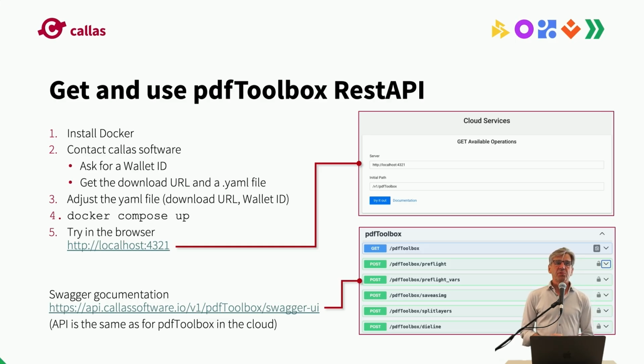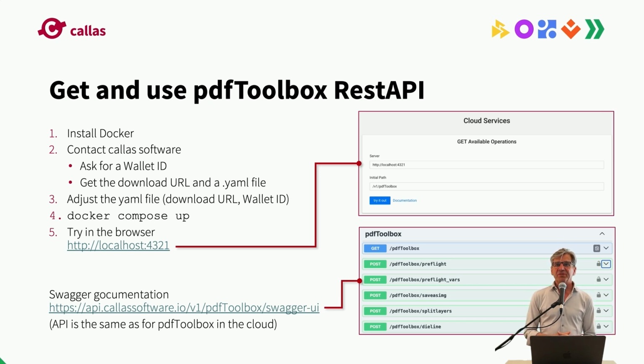And then with that YAML file, you would adjust it so that the YAML file knows your wallet ID. And then you can just run Docker compose up, and that will download the Docker image. It will create an image that has your wallet ID baked in, and then you can immediately use it.